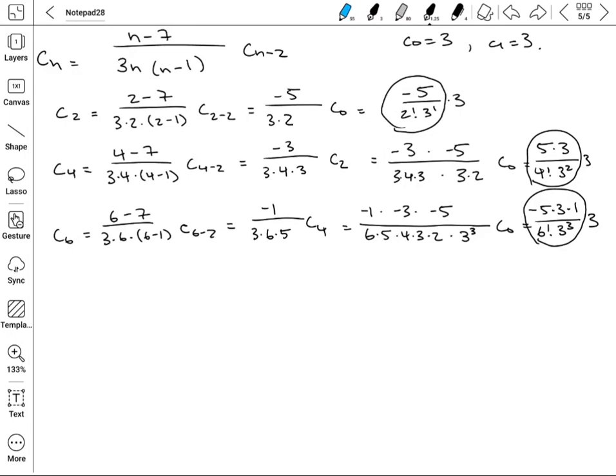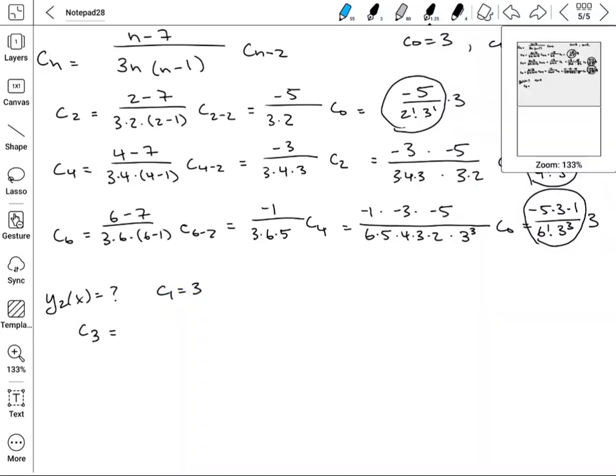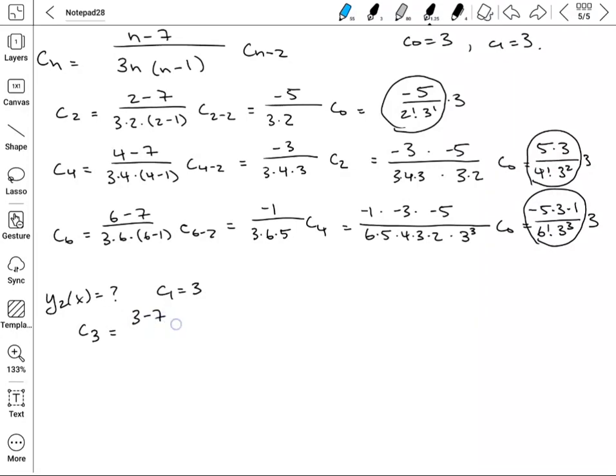For the very last part of your WebWork, you've got to find that function y2. And remember that this is going to come from our odd terms. So we're going to start from C1 equals 3, and then we have to calculate C3, C5, C7, etc. So for C3, I'm just going to follow the formula, plugging in n equals 3.